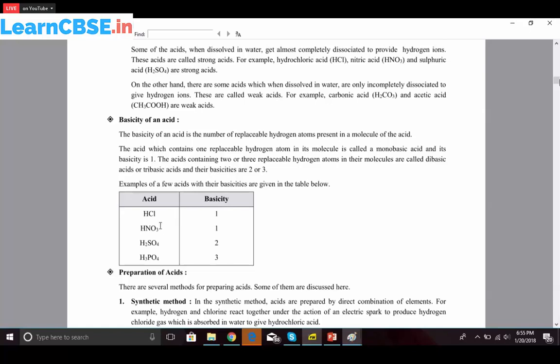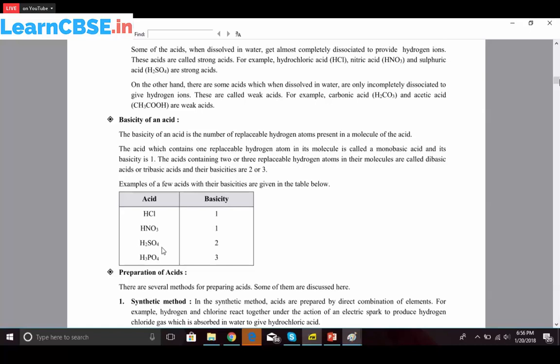For example, HCl. HCl contains only one hydrogen atom, so it contains only one replaceable H plus ion. So the basicity is 1. HNO3, nitric acid. In nitric acid, it also has only one replaceable hydrogen atom. So the basicity is 1.